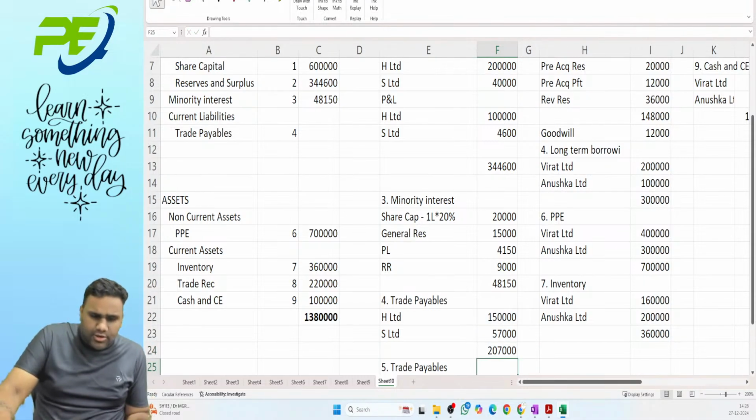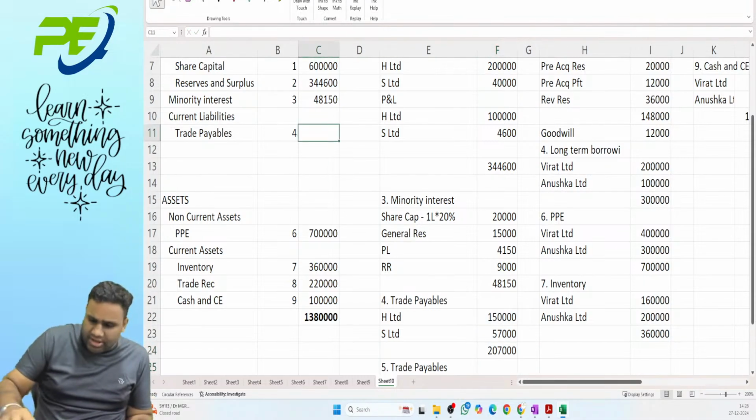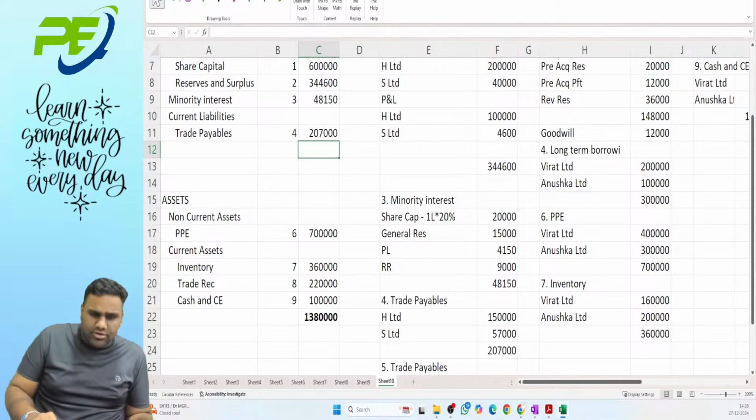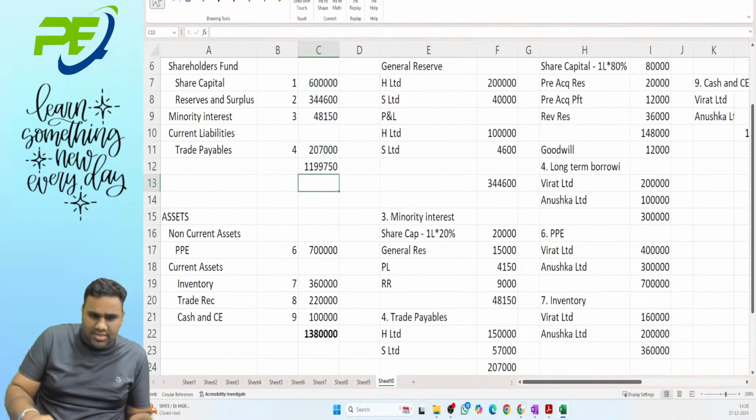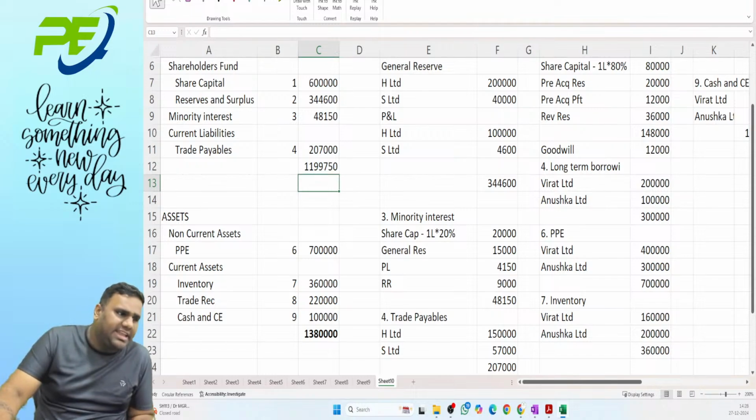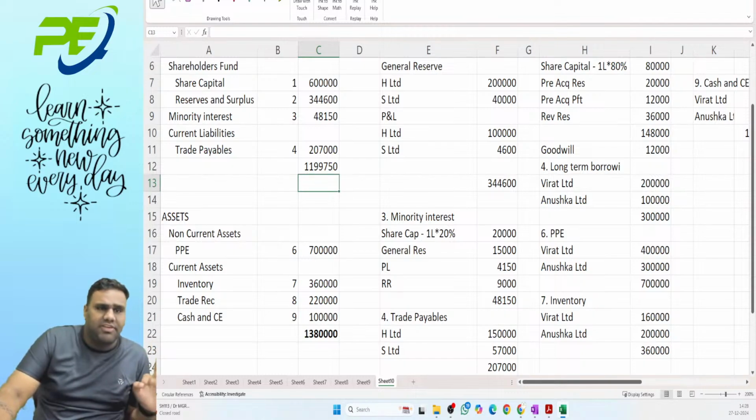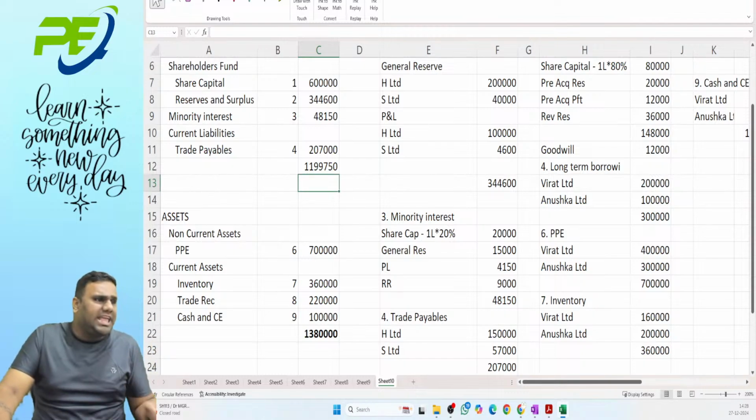So total 2,07,000. So trade payables 11,99,750. Everyone, is this clear?